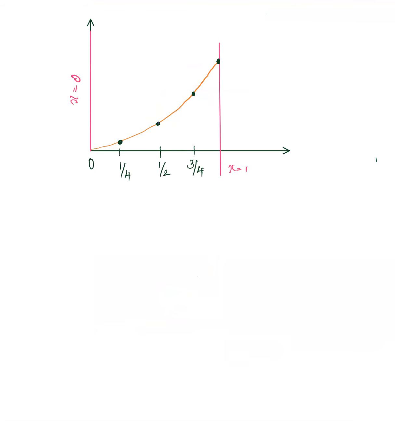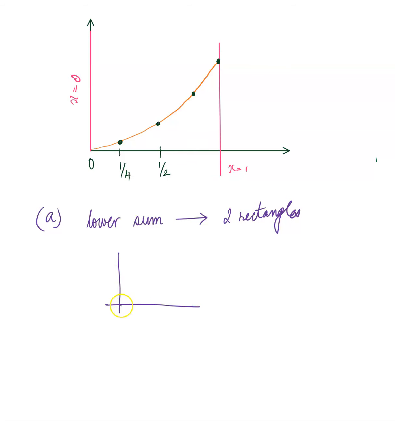Let's start with A, which is to find the lower sum. Lower sum, 2 rectangles. This is what we have to do. So for that, I have to only look at 0 to half and half to 1. So for my convenience, I'm going to sketch a quick rough one. And that's 1.